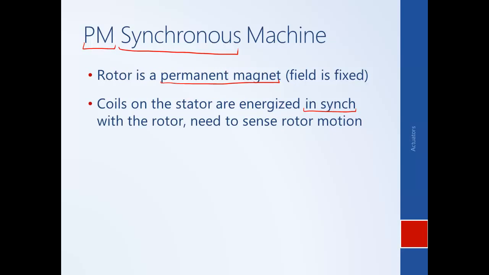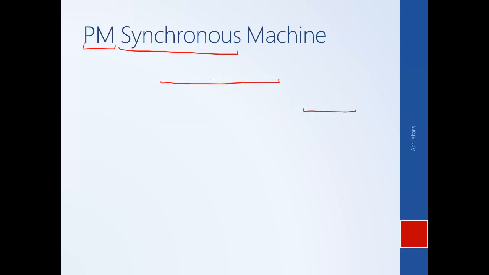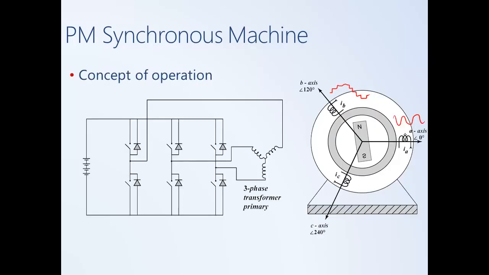Looking back on the previous slide, the current through each of these three phases, they're at their peaks at different times. And by doing that, the magnetic field generated by each of the phases moves, interacting with the permanent magnet rotor to pull or push it around the motor.